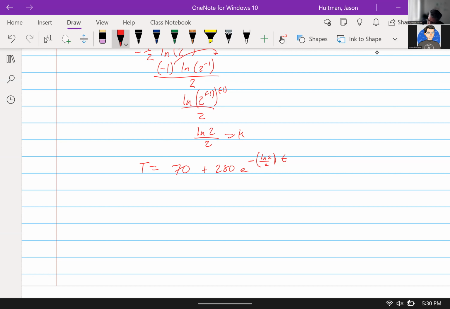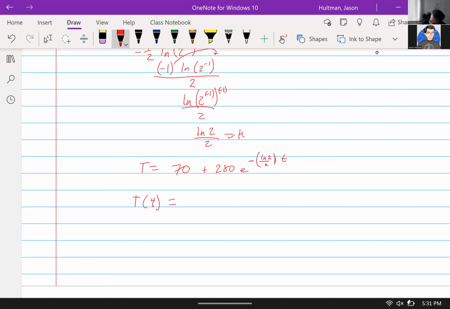Okay, I'm seeing if I want to do anything more with that at this point. I think we're okay. Okay, so now it's saying, well, what is the temperature after 4 minutes?